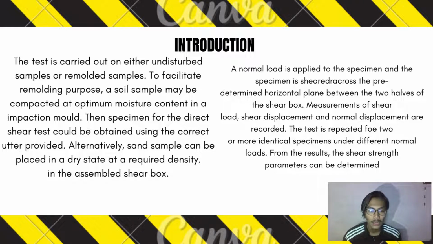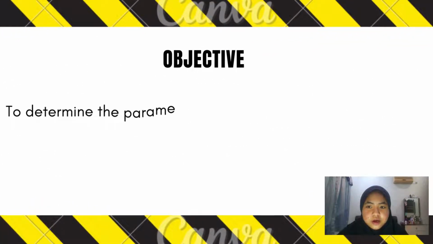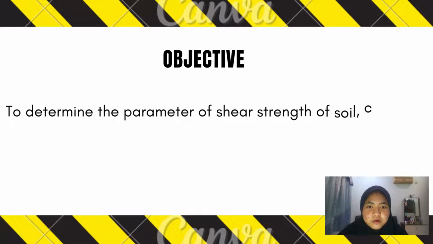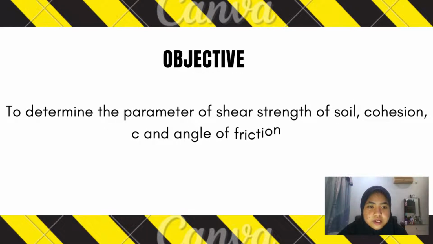The test is repeated on two or more identical specimens under different normal loads. From the results, the shear strength parameters can be determined. The objective is to determine the parameters of shear strength of soil: cohesion, C, and angle of friction.